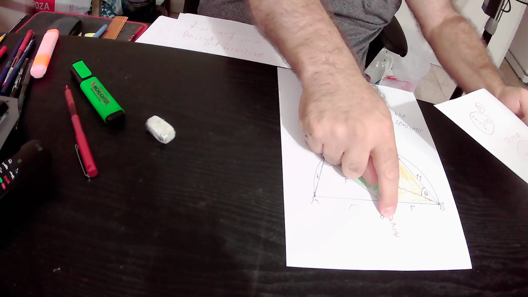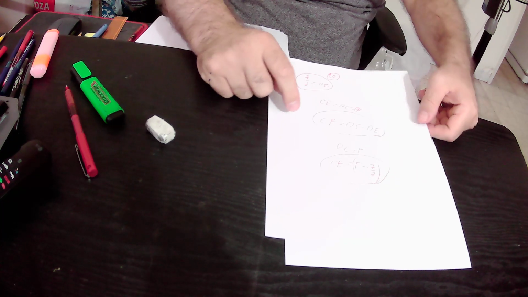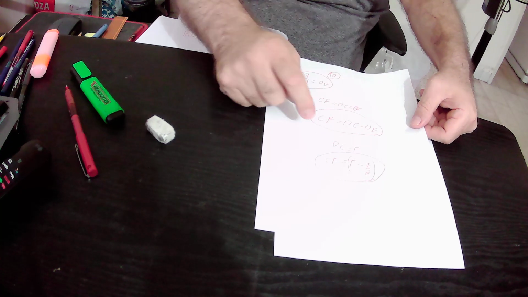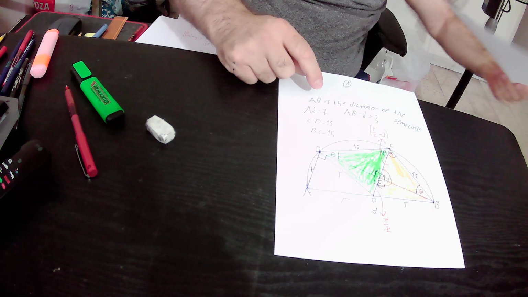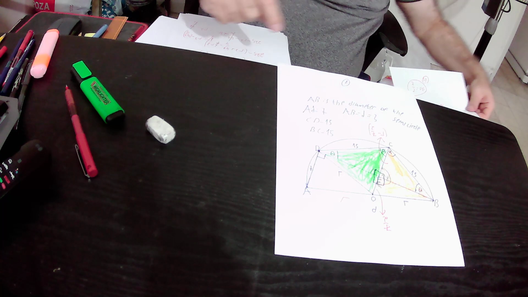We found out that OE equals 7 over 2 units. So we substituted OC by R and OE by 7 over 2, and we got that CE equals R minus 7 over 2. Okay, EC equals R minus 7 over 2.